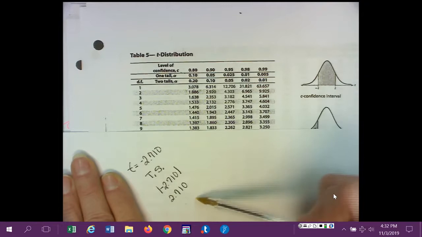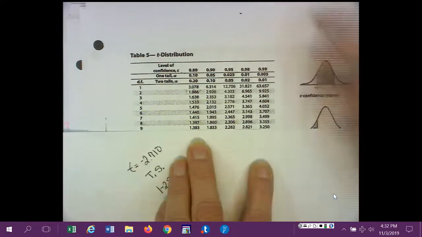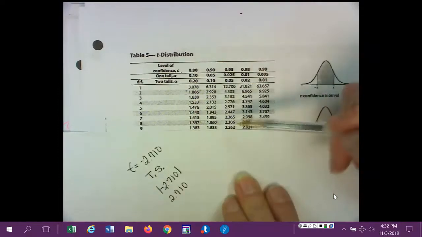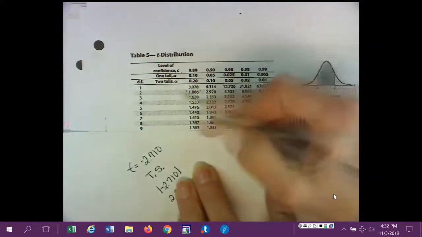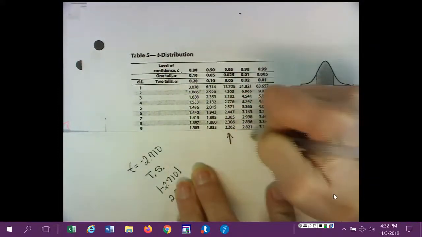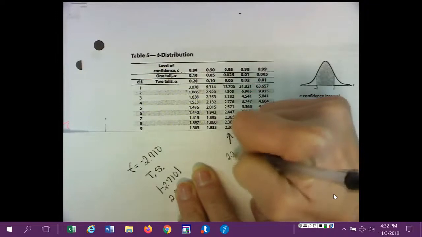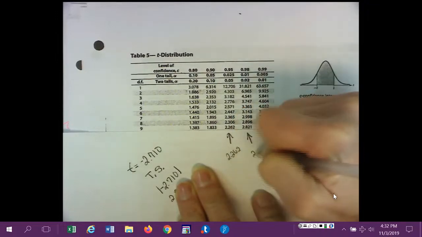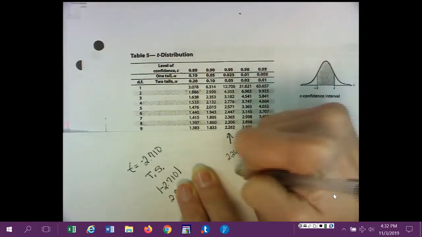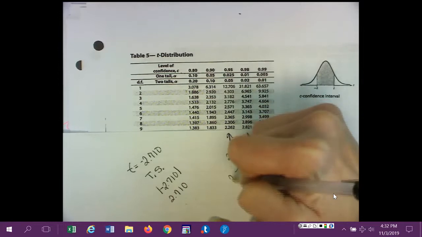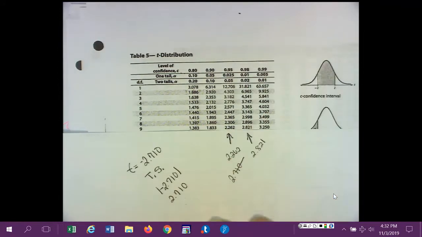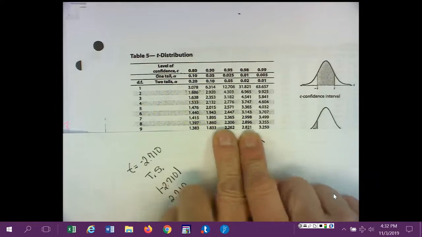You don't have to worry about absolute value. It's already going to be positive. Now, going across, you will see 2.710 is going to fall between this value and this value, a 2.262 and a 2.821. And that's that positive 2.710. Positive test statistic falls between them. This is what you do to get your p-value interval.